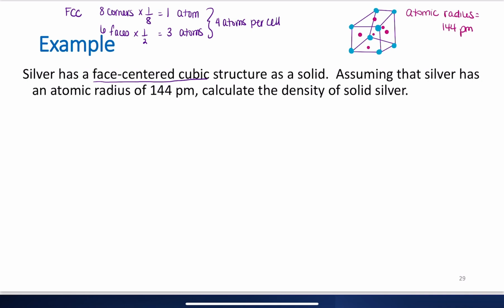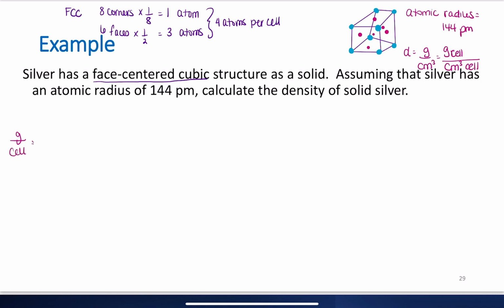We're trying to find density, and density is your grams per centimeter cubed. So the grams of your cell divided by the volume of your cell. How can I find the grams of the cell? How many grams per cell do I have?